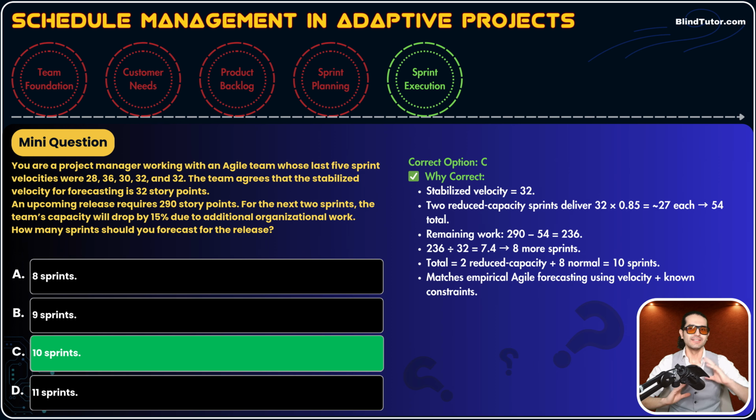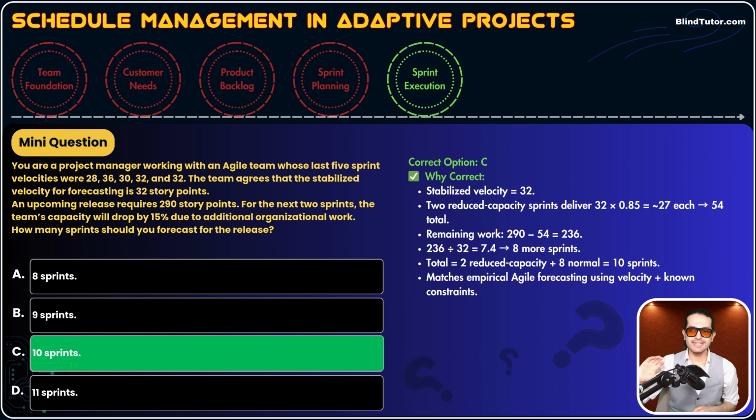So we had 2 reduced capacity sprints, then 8 normal capacity sprints. In total, 10 sprints. Sometimes questions want an exact number. For example, if in the options we had 9.4, you should go with 9.4. But since we don't have 9.4, we go with 10 sprints. This was a very good question.